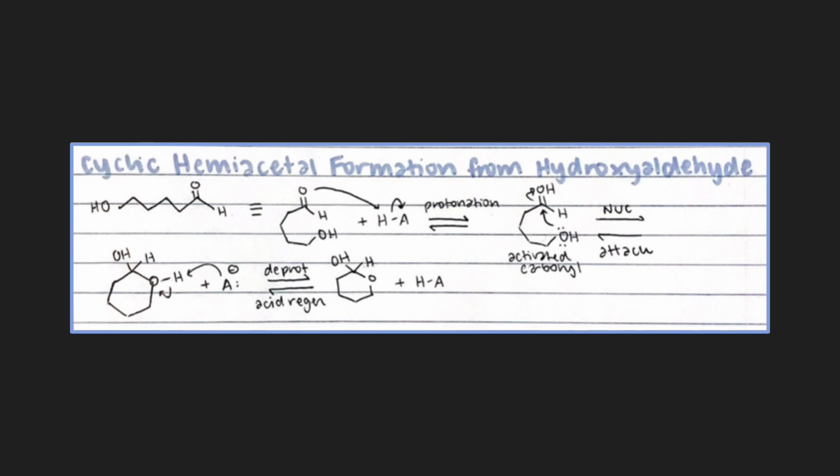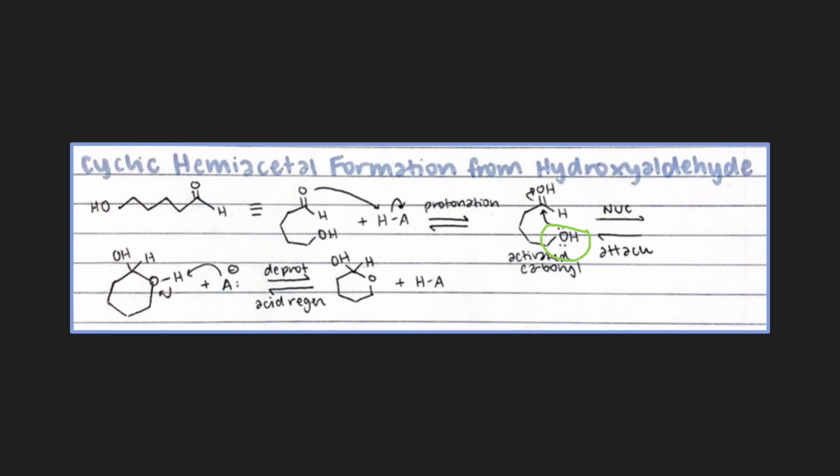On that other side of the molecule, as you can see right here, it's just going to attack that carbon. So it undergoes nucleophilic attack, which makes it so the ring closes. At the top there we have our hydroxy and our hydrogen groups, a ring, and then in that ring we see an embedded oxygen.